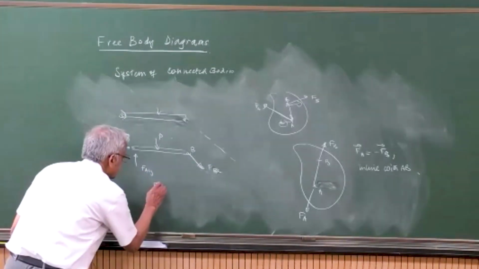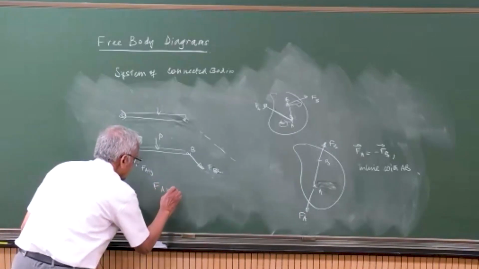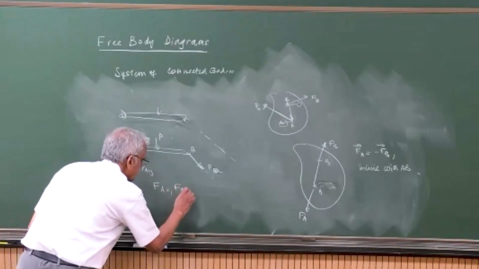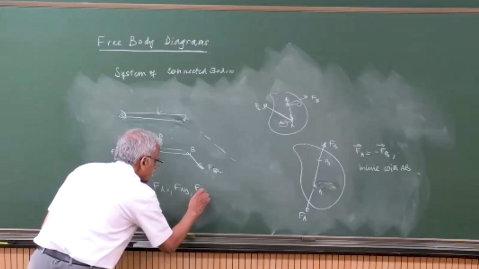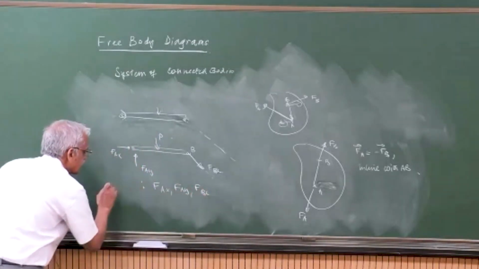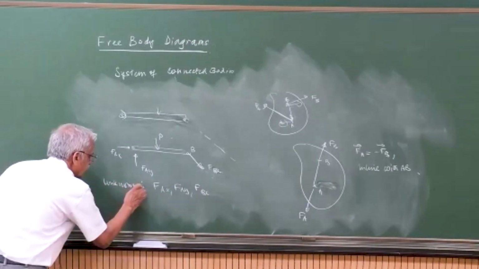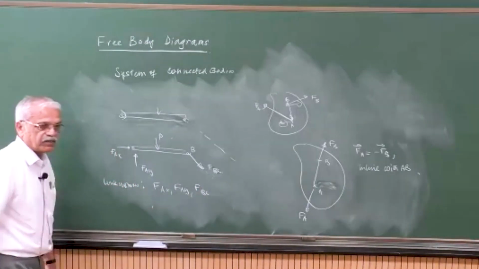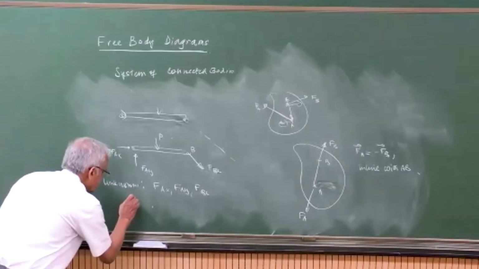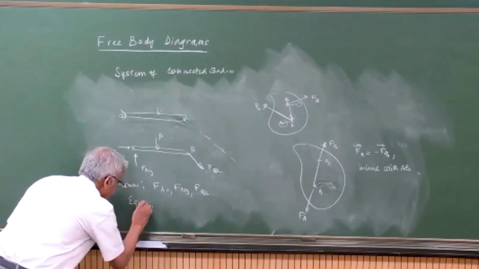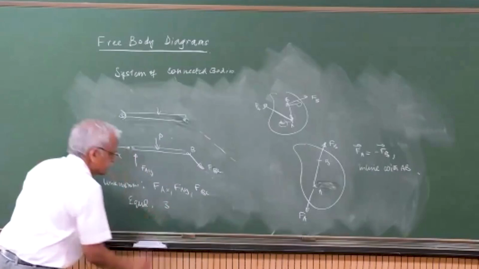So these are unknowns. And how many equations you have? 3 equations. So the equilibrium equations, 3.